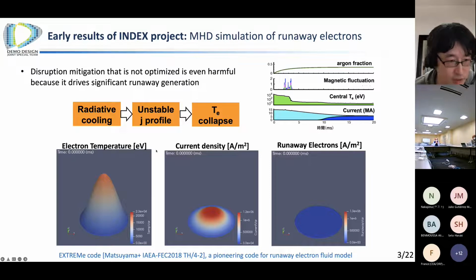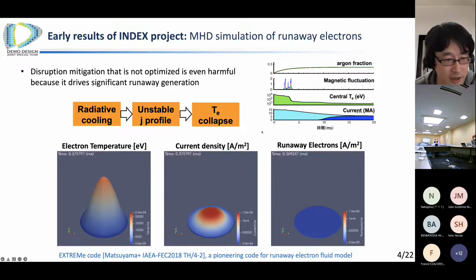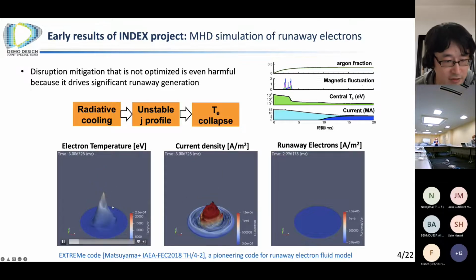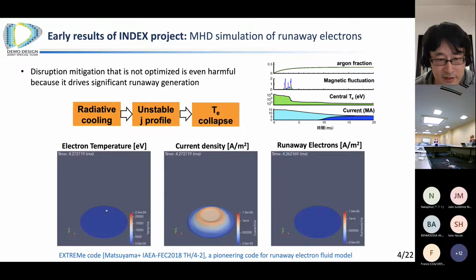This is a movie of the simulation of the temperature, current density, and runaway electrons. By introducing the argon, the plasma edge is significantly cooled, and this leads to the current perturbation and finally the thermal quench. After the thermal collapse, a strong electric field is induced in the plasma, especially at the plasma center.